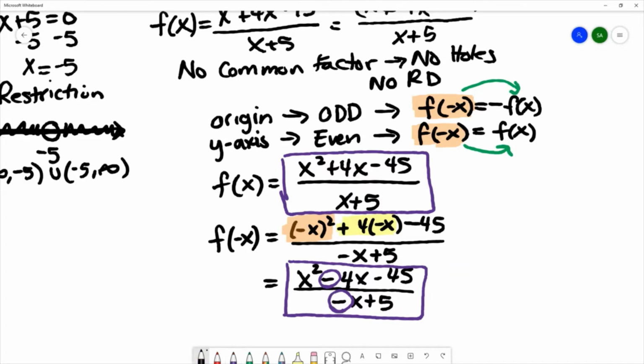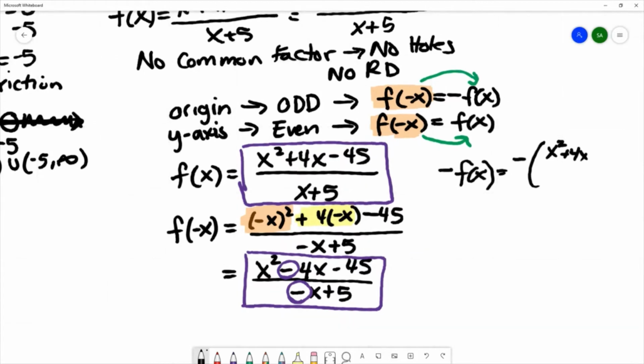That would be negative f of x. Negative f of x would be multiplying a negative times the function x squared plus 4x minus 45 over x plus 5. And in that case, you would have to distribute that negative to all the terms in the numerator.